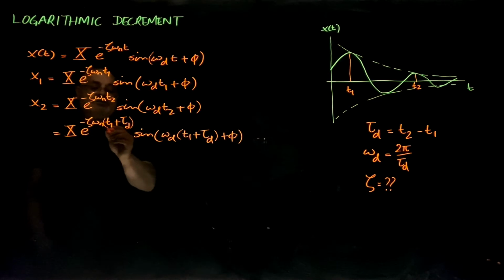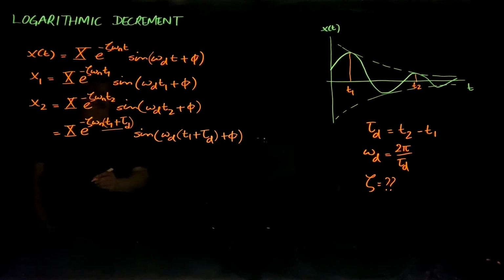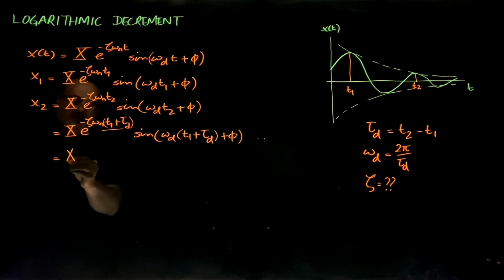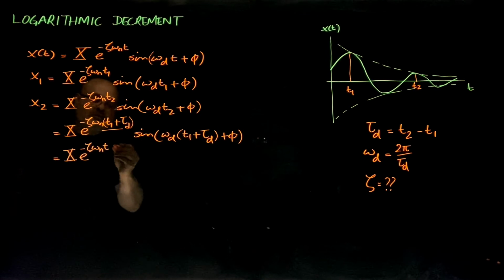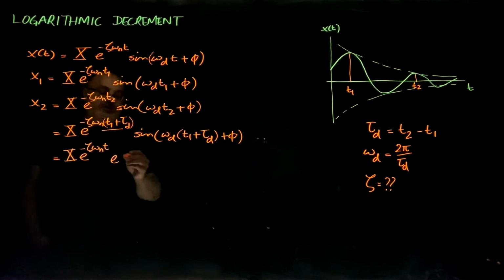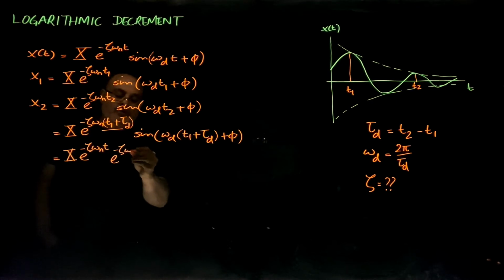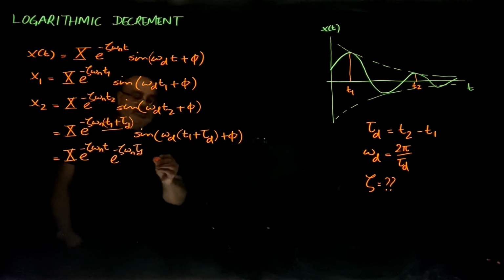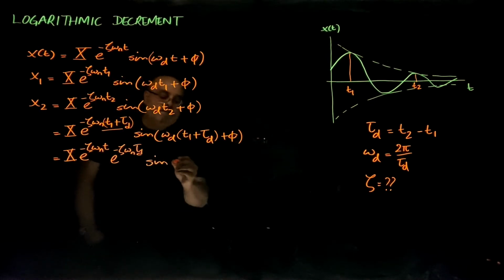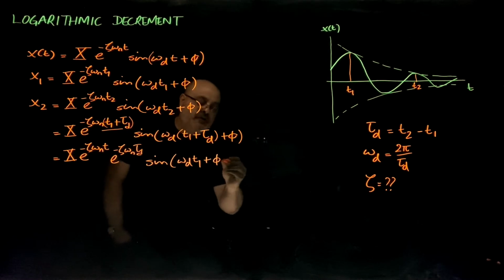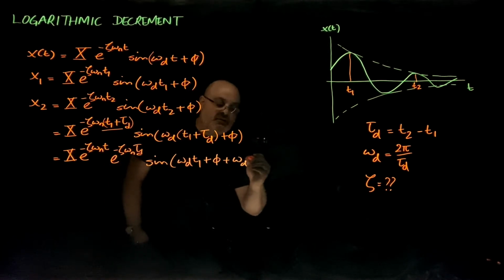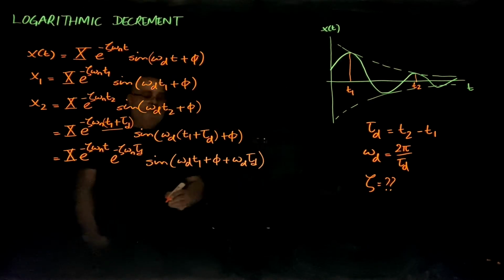Now, this power is the sum of two values, so I can convert it to the multiplication of two exponents. So this becomes X e to the power negative zeta omega n T1 times e to the power negative zeta omega n tau d sine of (omega d T1 plus phi plus omega d tau d).